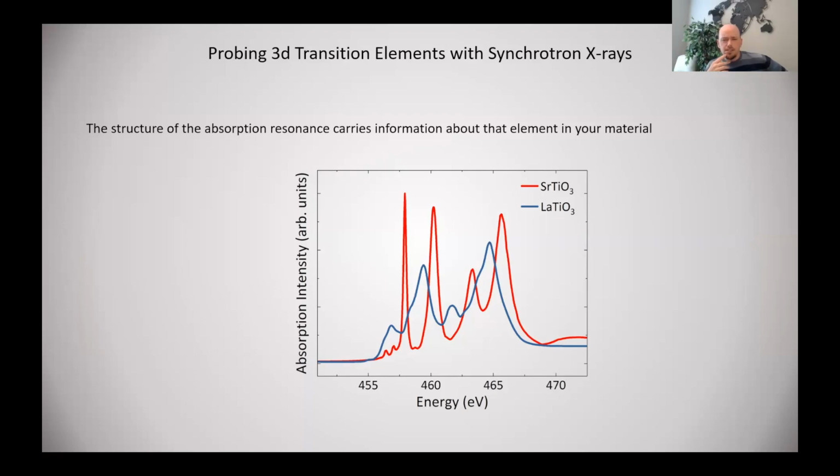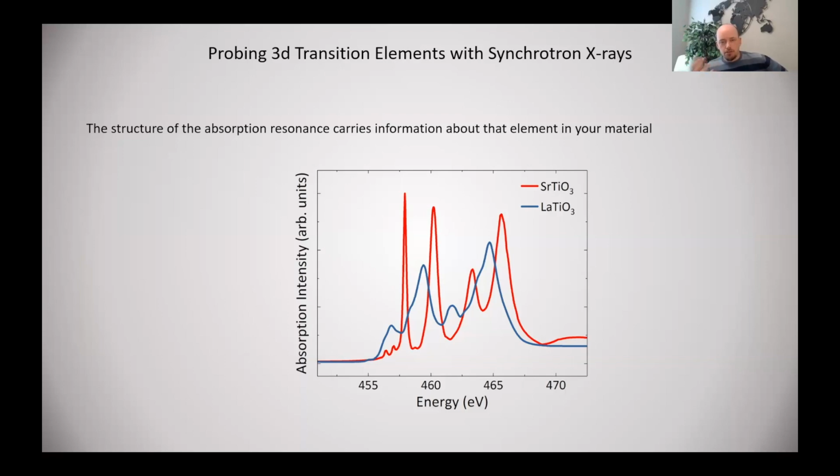And here you can see, almost immediately, a very different structure for how these two materials absorb X-rays at this titanium resonance. And just to be extremely clear here, where you see a strong peak, that means your material is absorbing X-rays more strongly.